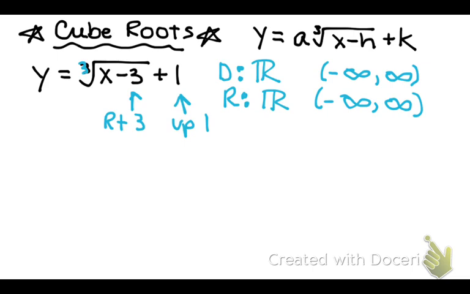If I had a negative in front, that means the graph would be flipped. And if I have like a 5 or a 7 or a 9 in front, the graph will be stretched, versus if it was a fraction, it would be compressed. Last thing, a graph of a cube root is going to look snake-like. That's not the perfect graph of this particular equation, but it looks snake-like.